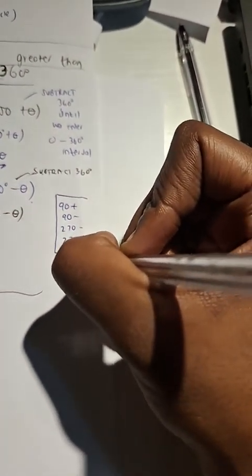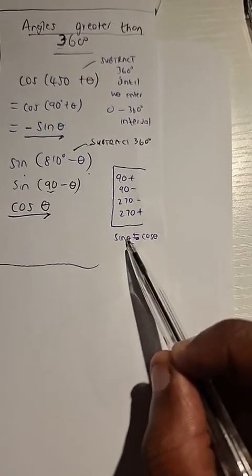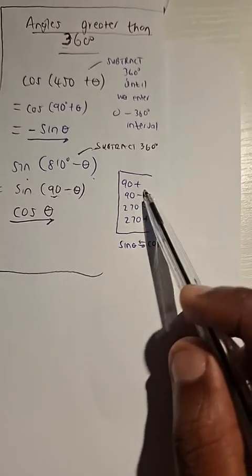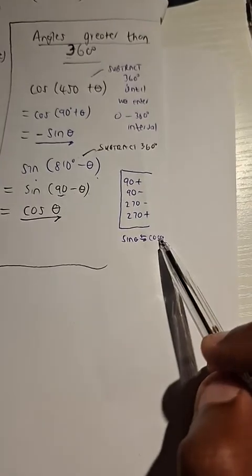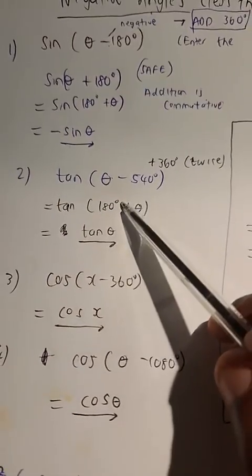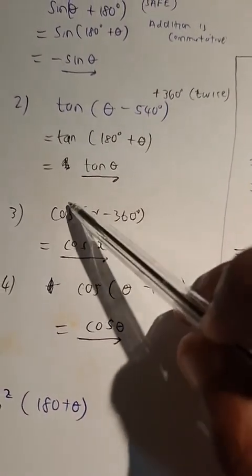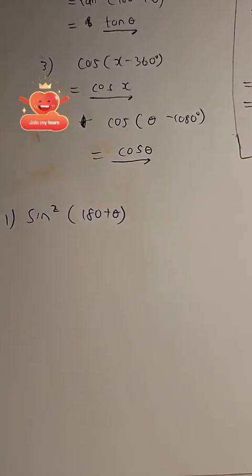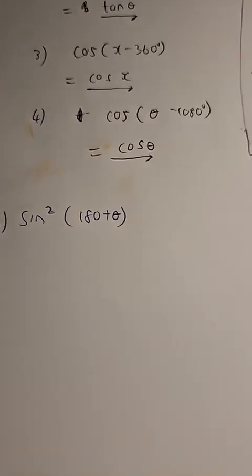Cos changes to sine, and sine changes to cos, whenever we reduce these trig co-ratios or co-function values. It's a standard rule. But with 180 plus, 180 minus, and 360 minus, there is no change in the trigonometric ratio. That's very important.